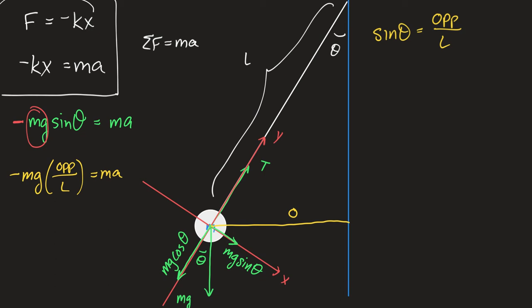But there's a lot of reasons why I want to do that. Look, I get mg over L. These are all things that are constant about the pendulum. They have nothing to do with the angle. Times the opposite side, that's a displacement that could be measured in meters, and that equals ma. That would be convenient. Unfortunately, we know that the object actually travels along this arc length.